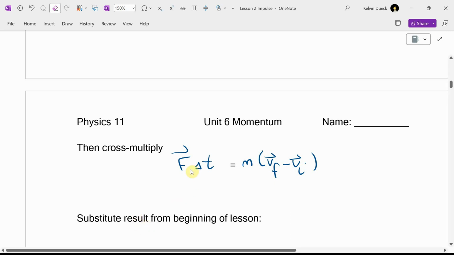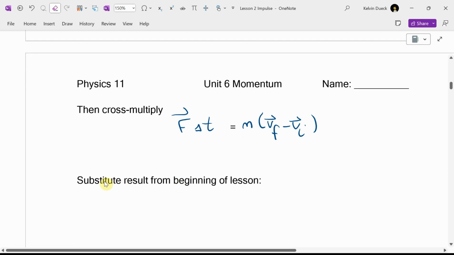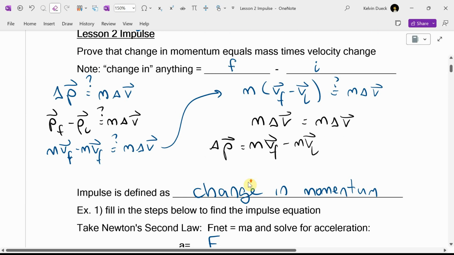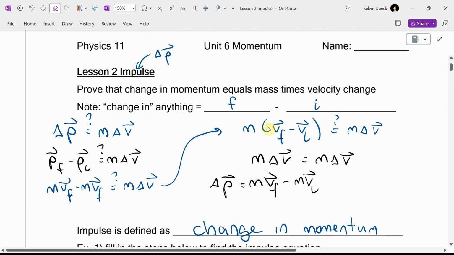Why did I put a delta in front of the time? Time has always been a change in. We got a little sloppy and stopped writing it, but because this is a change in on the right, I put the change in here. And then it says, substitute what? What's m times VF minus VI the same as?